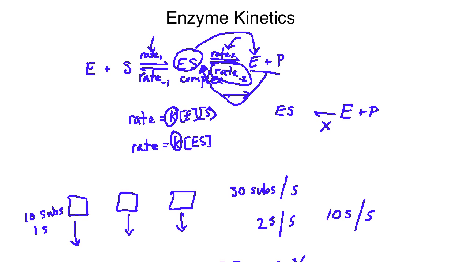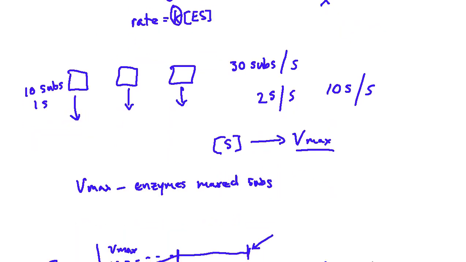So that means that the dissociation is going to be rate 2. However, the association or the formation is only going to be rate 1 here. And the rate -1 would come back into play if this is an equilibrium for the dissociation.